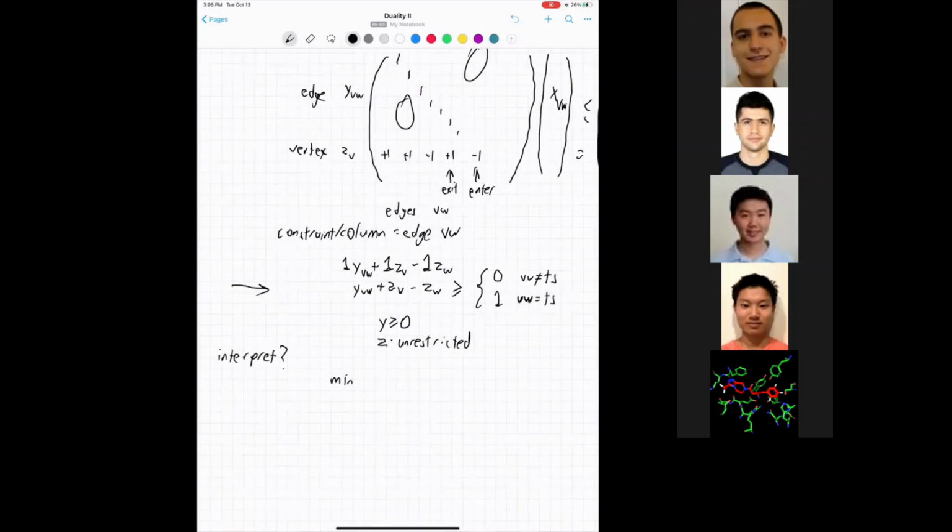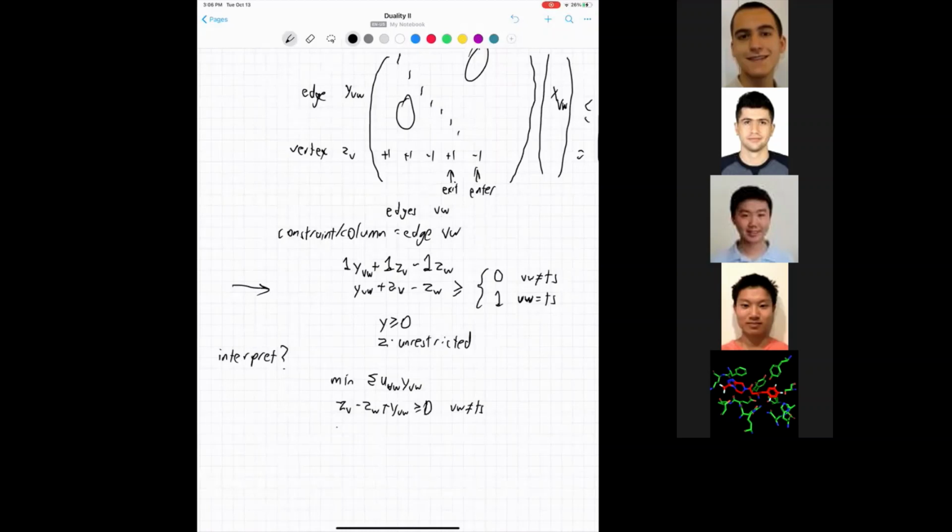So we're talking about min of the sum of UVW, YVW, such that ZV minus ZW plus YVW is greater than or equal to 0 if VW is not equal to TS.